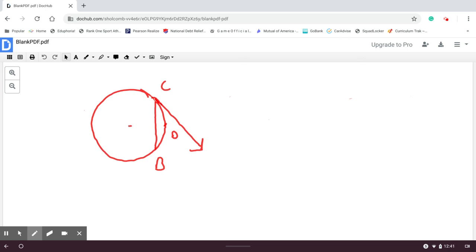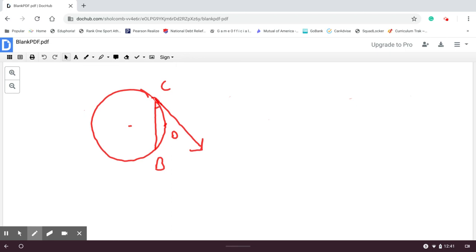All right, so the measure of an angle formed by a tangent and a chord is half the measure of the intercepted arc. Okay, so this is the angle right here, and it's formed by half the measure of the arc that's been intercepted there.